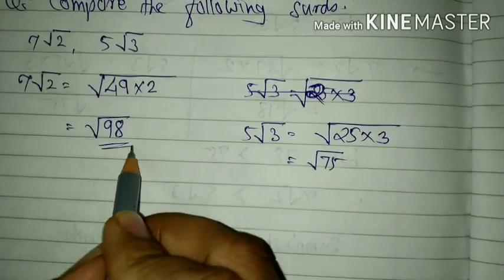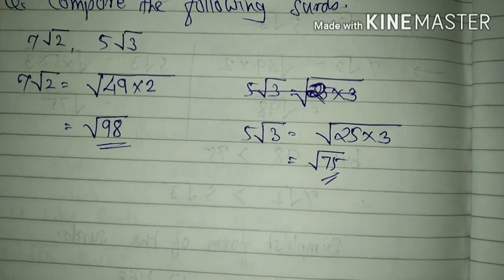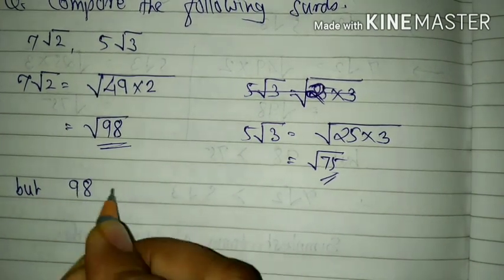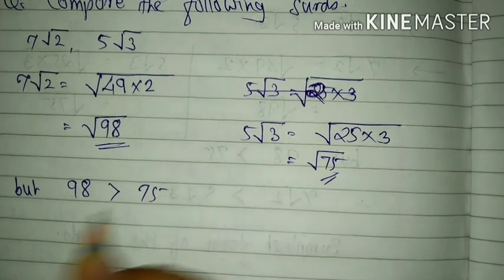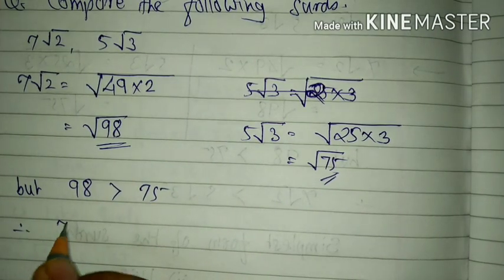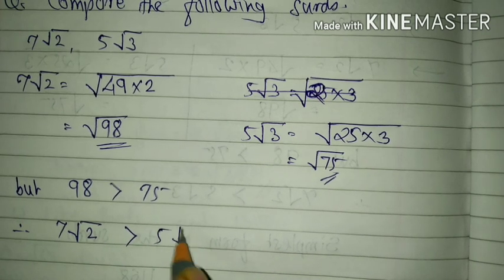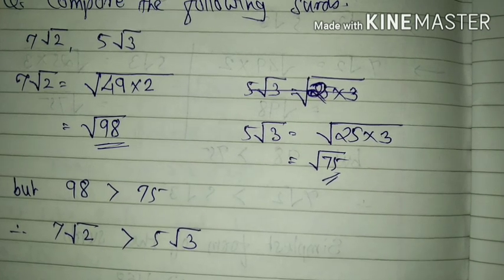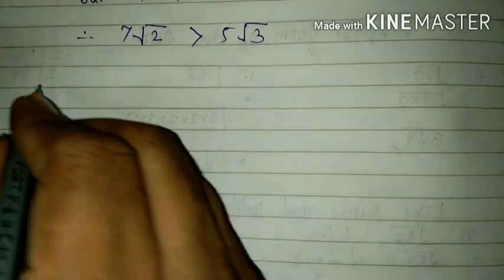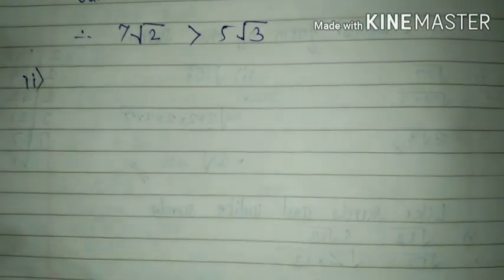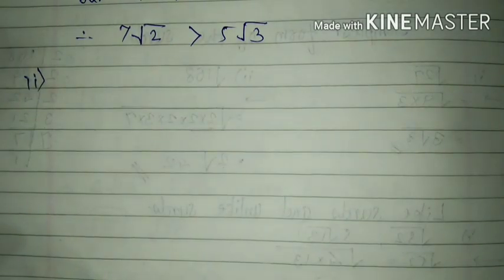Now see here, you can easily compare which one is bigger. 98 is bigger than 75. Therefore, 7 root 2 is bigger than 5 root 3. Okay, let us see the next question. If you want to understand one more time, you can recap or you can pause.